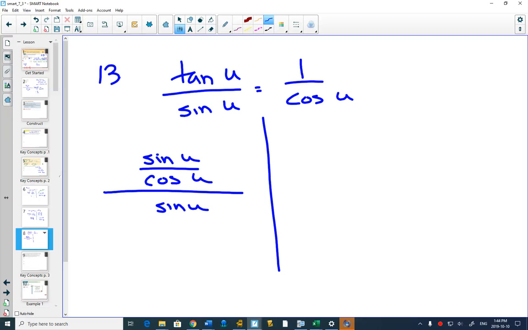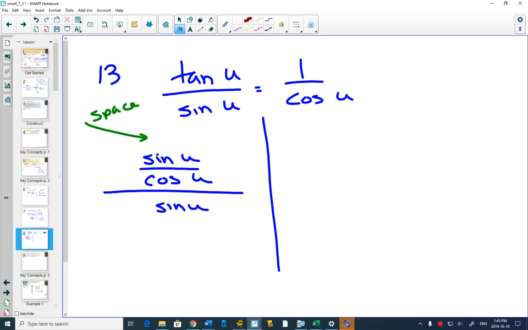Some other logistical things that are going to help you with proofs, okay? A couple of things I tried to demonstrate here. Do you notice that I left a little bit of space right there? Because you are going to have fractions over fractions, and if you write things without a little bit of space, your brain is going to start mixing things up. So having neat and nice and a little bit of space in between your answers is going to be important.